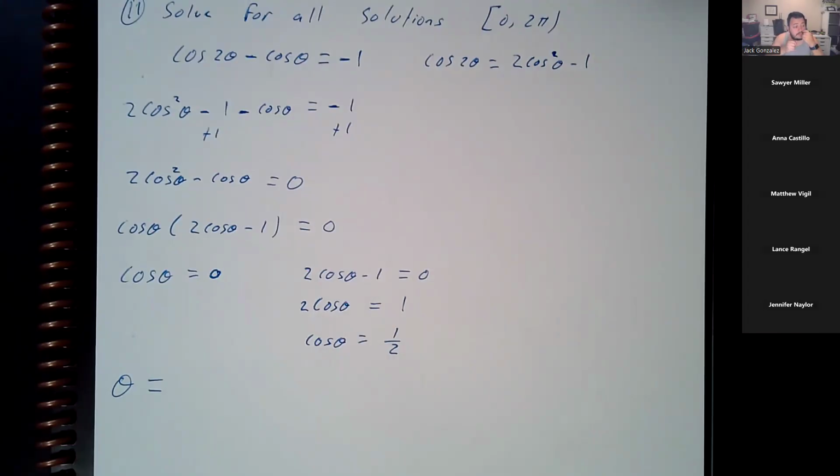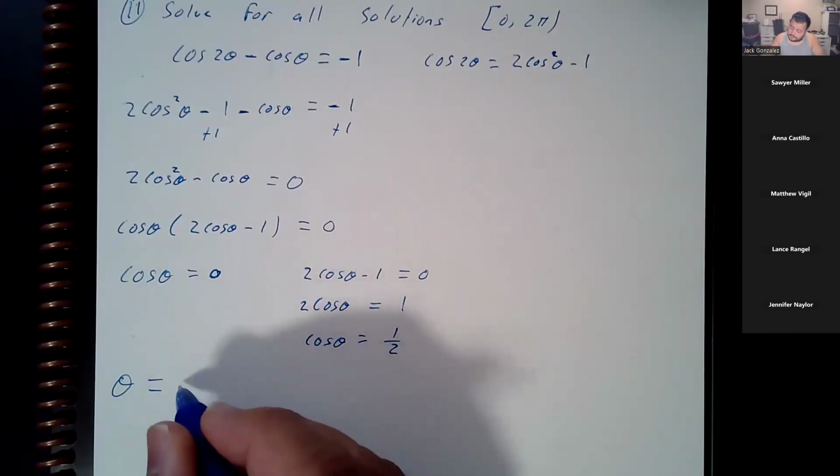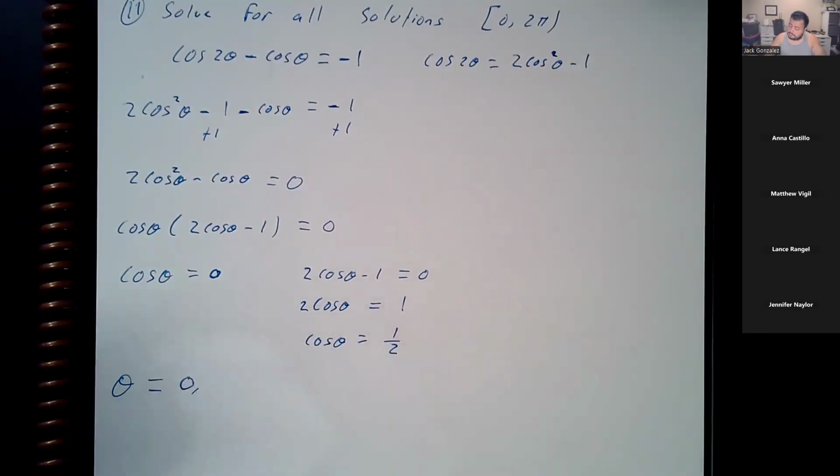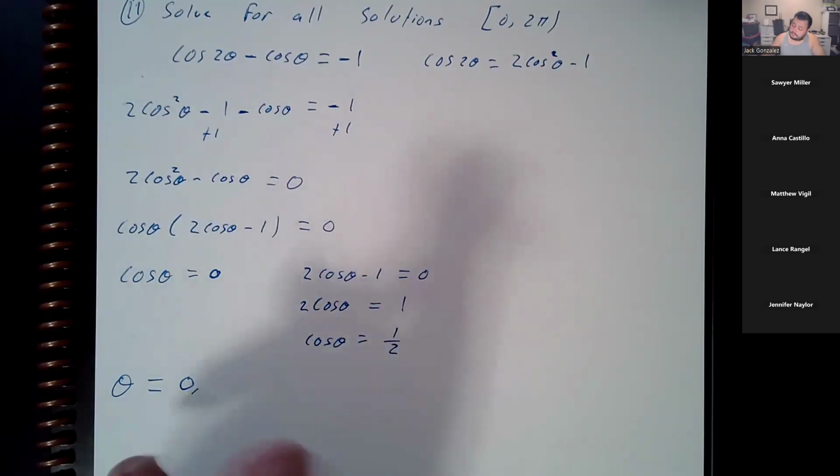So when is cosine 0 and when is cosine a half? For sure 0, or... no, that's wrong.